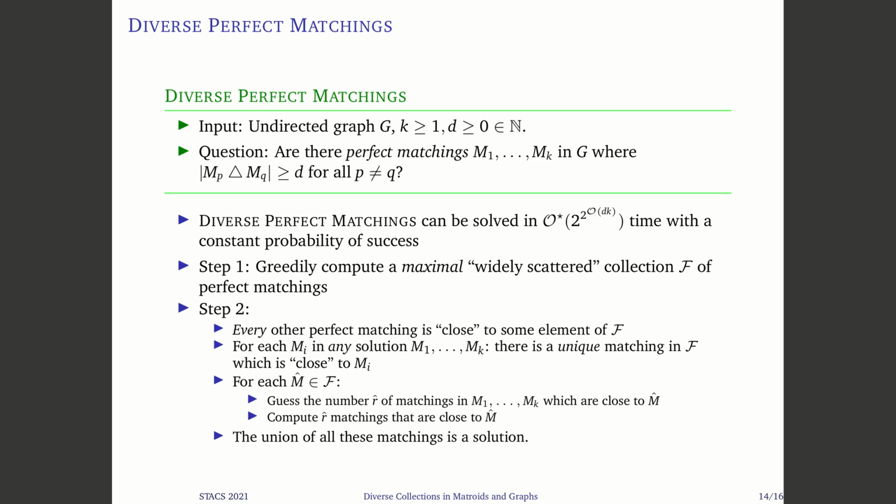Then we compute this r hat many matchings which are close to m hat. We show that this can be done in FPT time, and we also show that taking the union of all the matchings that we computed in this manner for different elements m hat, that is a solution.